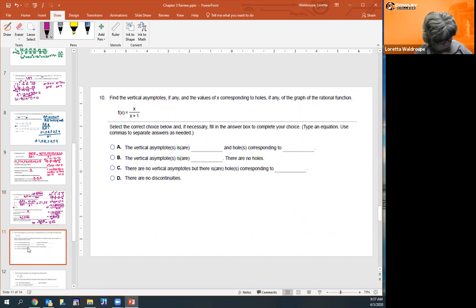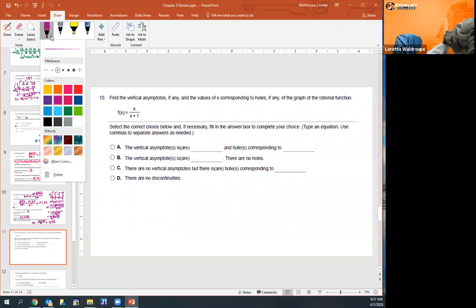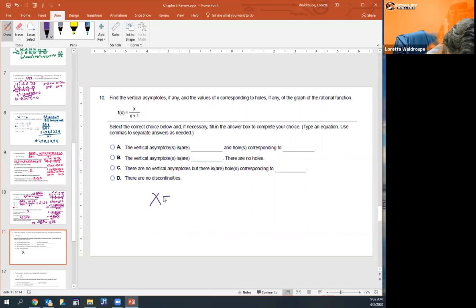Okay, to find the vertical asymptotes, you factor the top and you factor the bottom. Okay, if a factor cancels, when you set that factor equal to 0, it's a hole. In this case, nothing factors and nothing cancels. So I just set the denominator equal to 0 and solve.